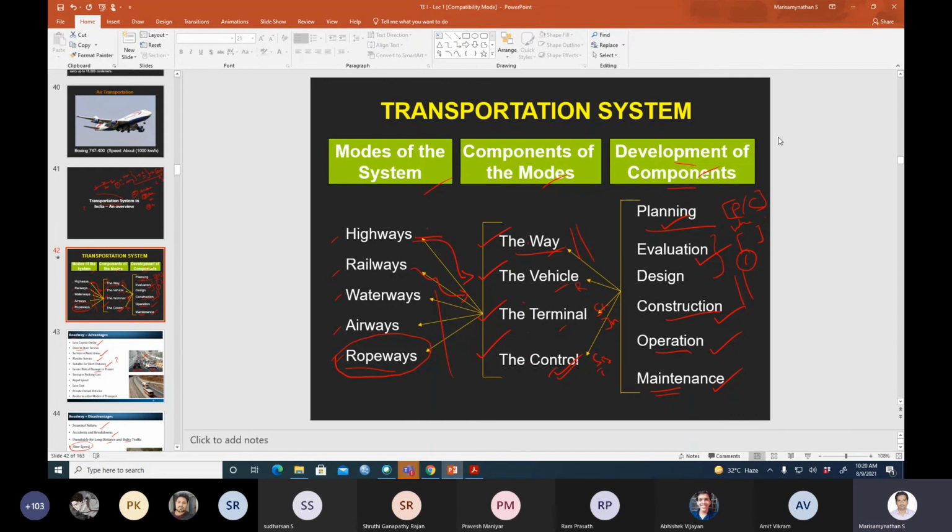If it comes to Chennai, then it has roadways, waterways, and airways, and since it is connected with the harbor and industries, you can say it has ropeways also. So all these ways we can see for Chennai city, with all the facilities. When it comes to Delhi, waterways may not play a role. When it comes to Mumbai, all the facilities are playing a role. So this is with respect to the transportation system.